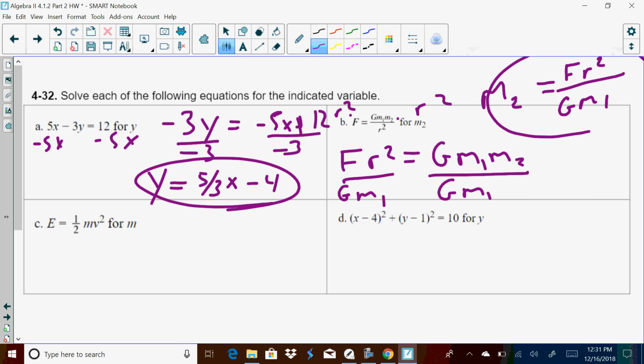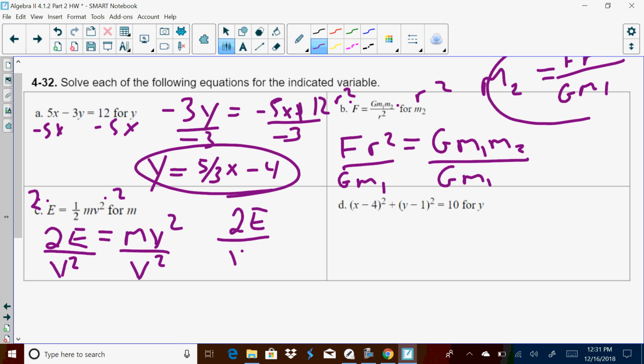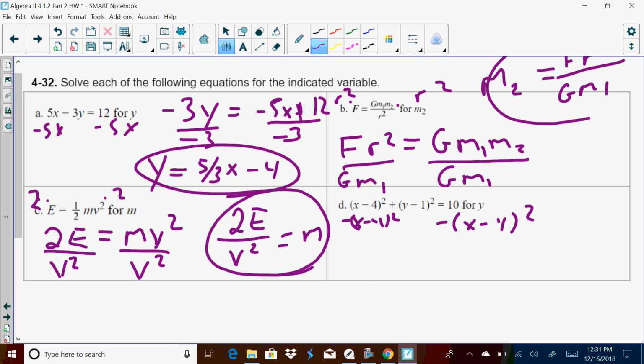So E, solve for m, so first we can multiply both sides by 2. I get 2E equals m v squared divided by v squared. So I get 2E over v squared equals m. For D, I subtract (x minus 4) squared from both sides. So I'm going to get (y plus 1) squared equals 10 minus (x minus 4) squared.